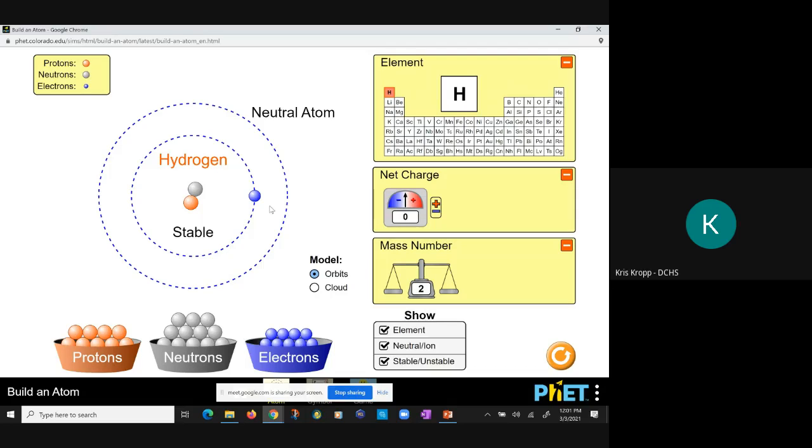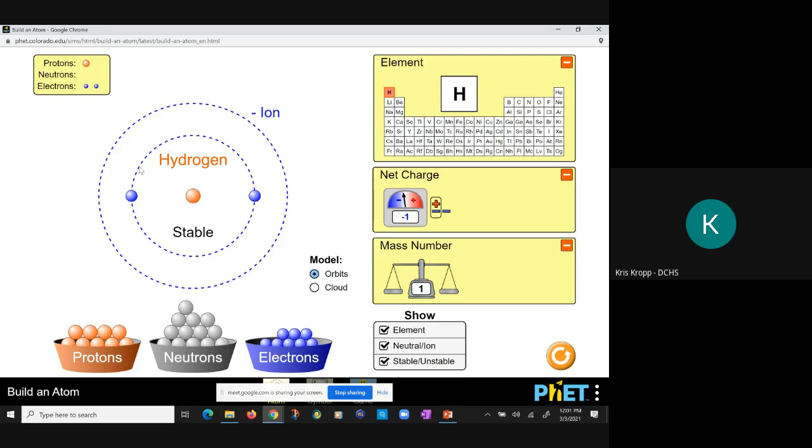Now, I don't know if you guys noticed this before when I had just the electron in there. Notice, it didn't say anything up here. Just the electron isn't considered an ion, isn't considered an atom or anything. I have that up there. It's a neutral atom. So what happens if I add another electron?